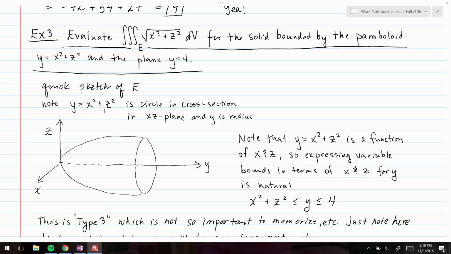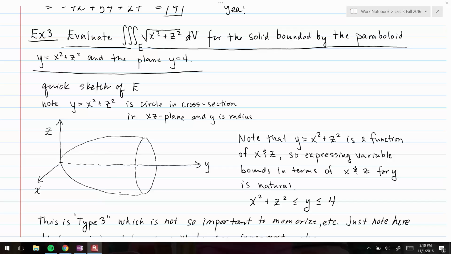So the paraboloid, when you have no square with the y here, that's like y is a function of the other two things. And you can see that, for example, that cross section, looking at a fixed y, is going to be a circle, and that when x and z are 0, y is going to be 0, so that's this place where we have sort of the parabola in the, if we're looking at the YZ plane, for example.